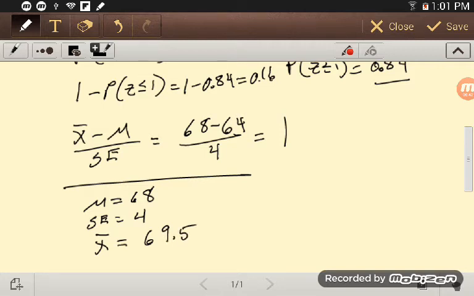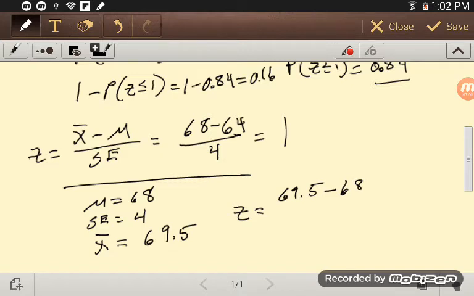Well, then let me put z equals here, because z is our number of standard errors or standard deviations. So z is equal to our 69.5 minus 68.